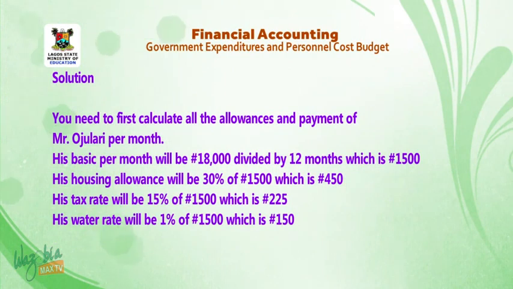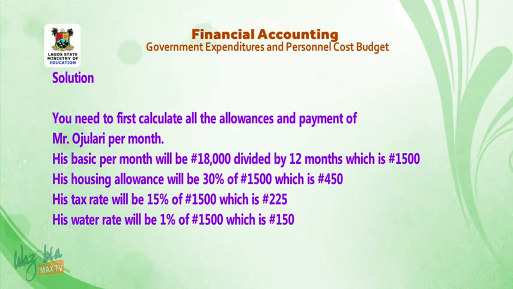Solution. You need to first calculate all the allowances and payments of Mr. Ojulari per month. His basic per month will be 18,000 naira divided by 12 months, which is 1,500 naira. His housing allowance will be 30% of 1,500 naira, which is 450 naira.